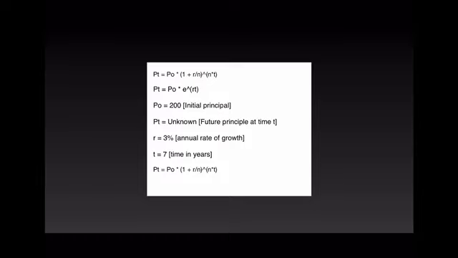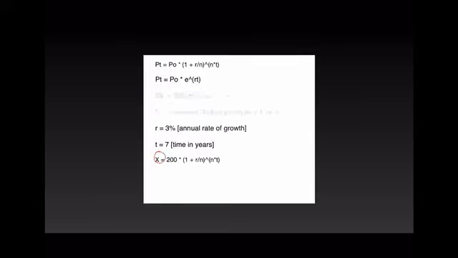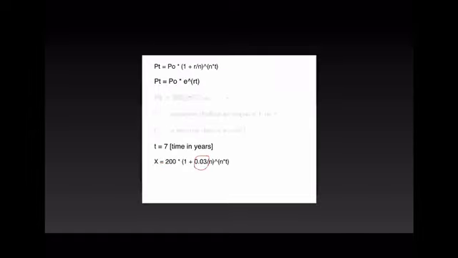And our way of doing this so far has simply been to plug all those knowns into the compound interest formula so that it will produce P sub t, the future value.